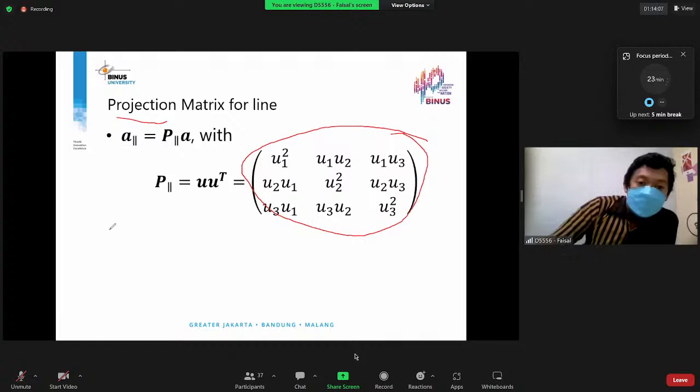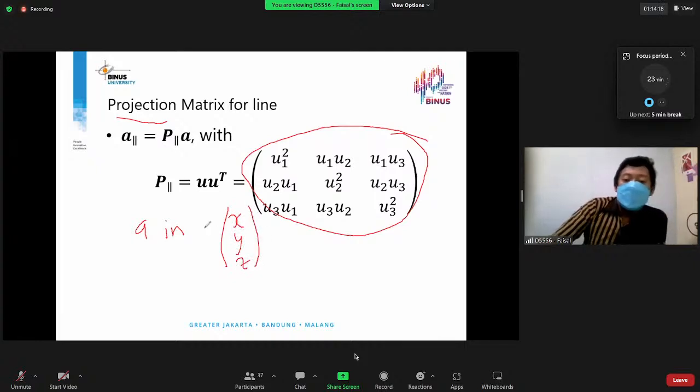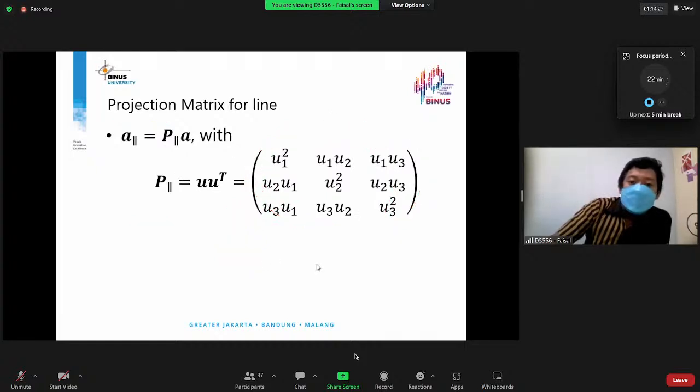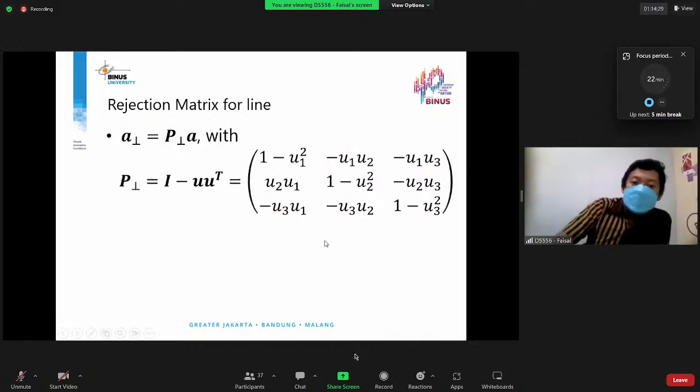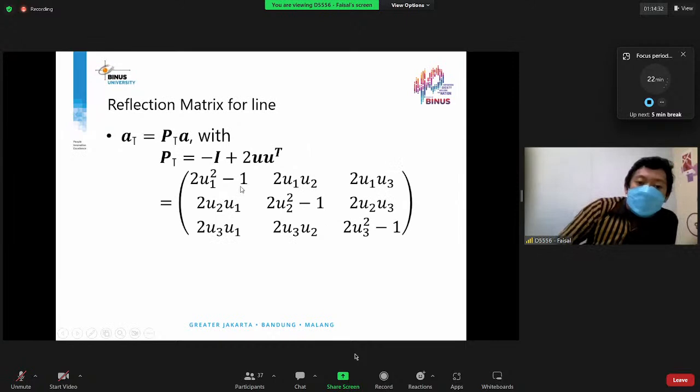So A, in this case, A in R3, in the space X, Y, Z. Okay, and the matrix is like this. This is the projection matrix, and this is the rejection matrix. So all have a matrix. The reflection, this is the reflection matrix, from the unit direction vector of the line.